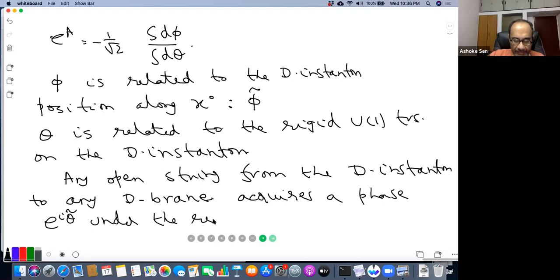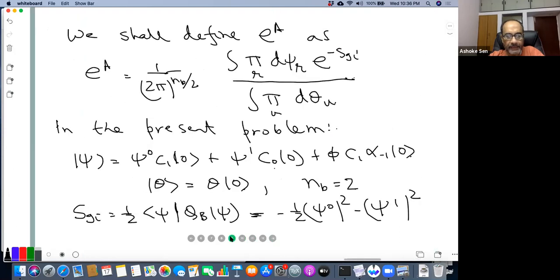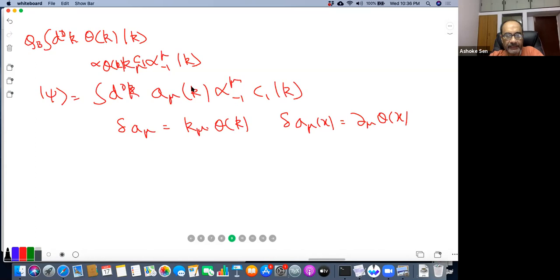This symmetry always exists. Every D-brane has a U1 under which an open string that stretches from that D-brane to another D-brane is charged. That parameter is what we are calling theta tilde, and this theta can be shown to be related to theta tilde. In fact, if you work with not a D-instanton but a normal D-brane, then it was clear from this example that this theta is really the U1 gauge transformation parameter on the D-brane.